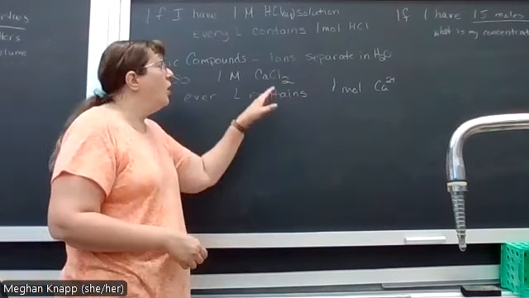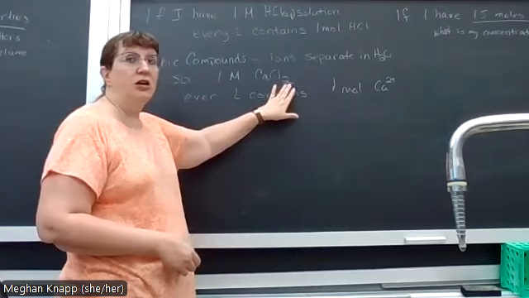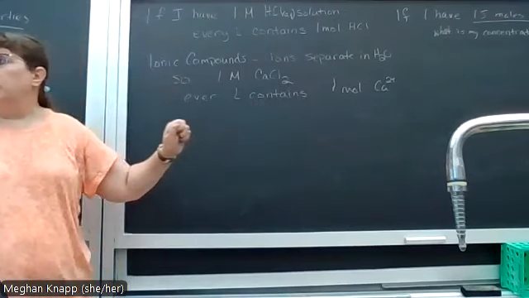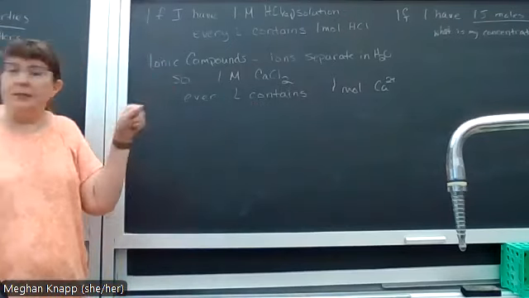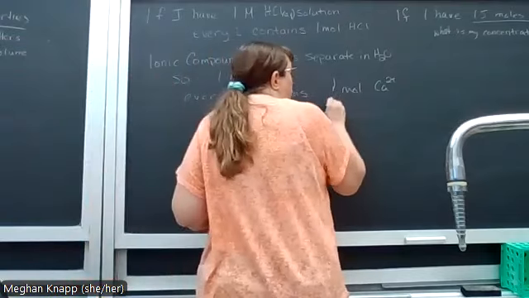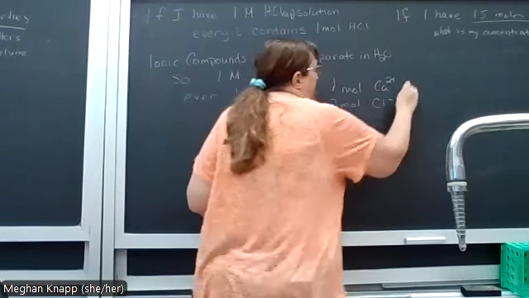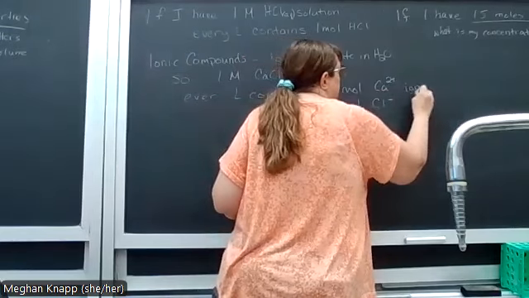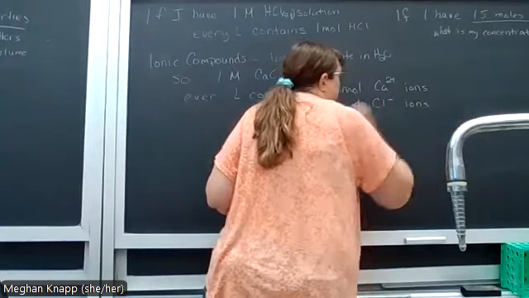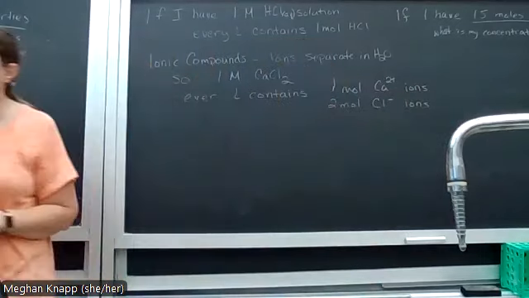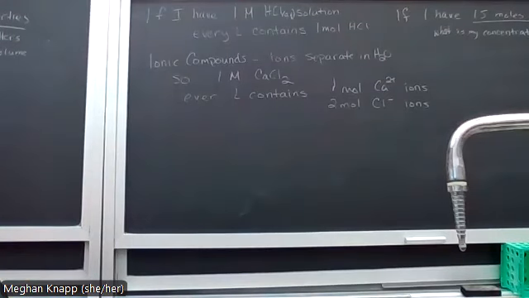And instead of 1 mole of chlorine, since I have a 2 here, those are going to separate too. They're not going to walk off in pairs. They're going to be separated. And so I will have 2 moles of chloride ions. So completely separated from each other.